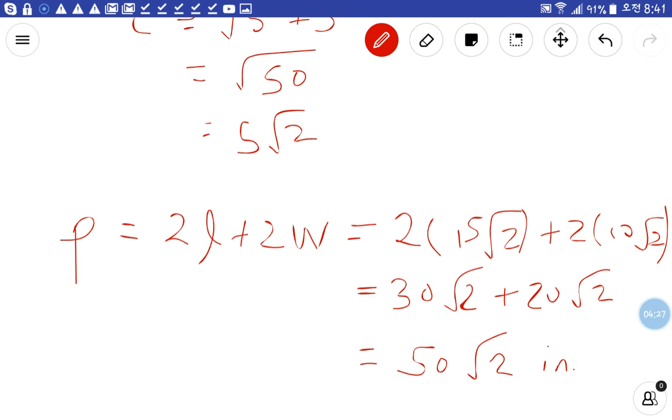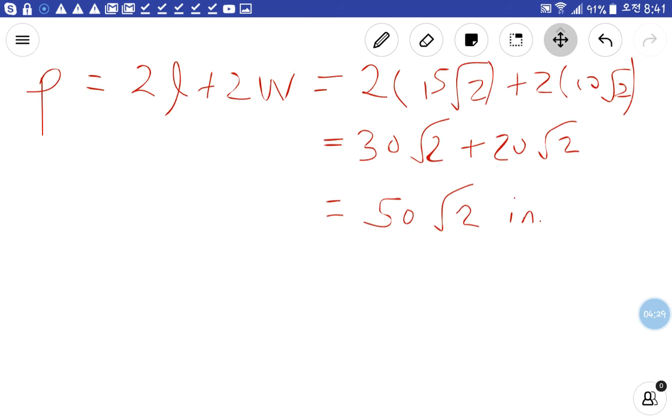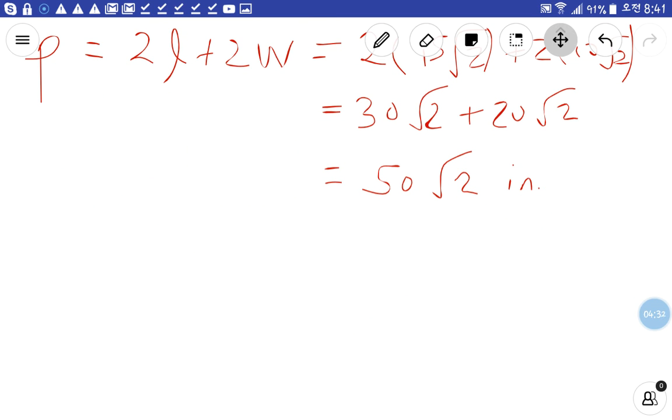So at this time, they said we need to round to the nearest tenth. So please take out your calculator. 50 radical 2. Let me use my calculator here.